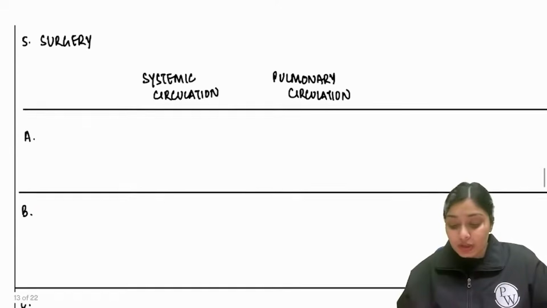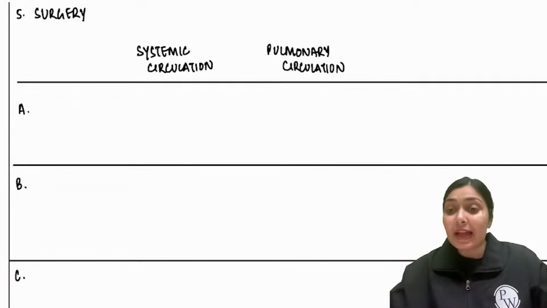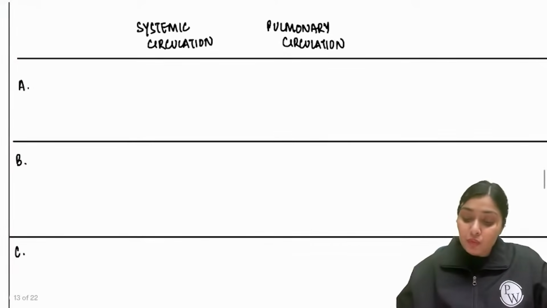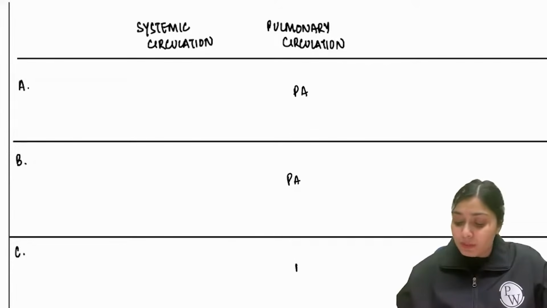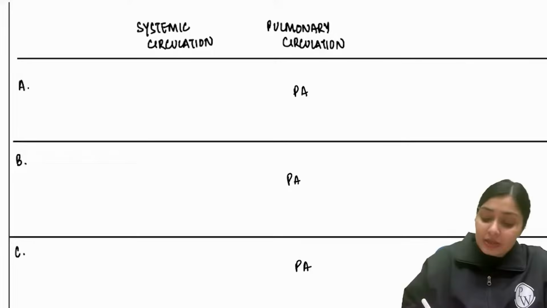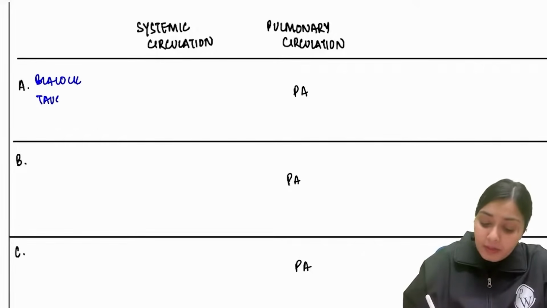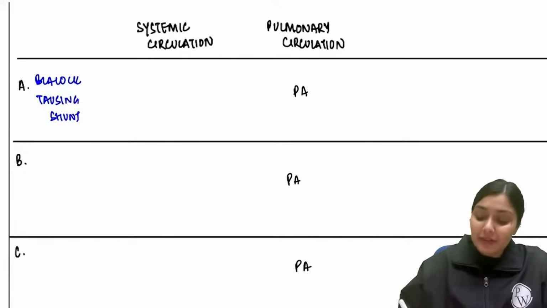Final would be surgery. In surgery, we again want to make a channel connecting the pulmonary and systemic circulation. So we make ways in which the pulmonary artery is connected to some systemic circulation vessel. The most common shunt that they ask in the exam is Blalock-Taussig shunt. In Blalock-Taussig shunt, you connect the pulmonary circulation through the subclavian artery of my systemic circulation.